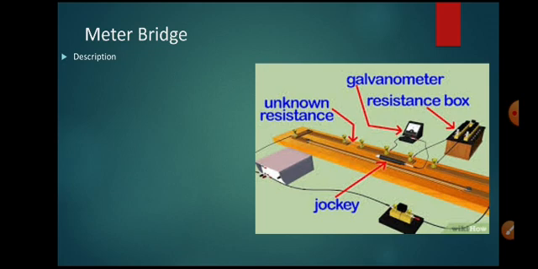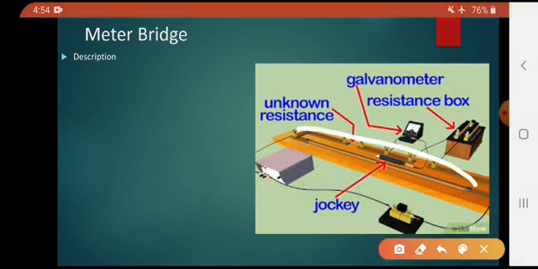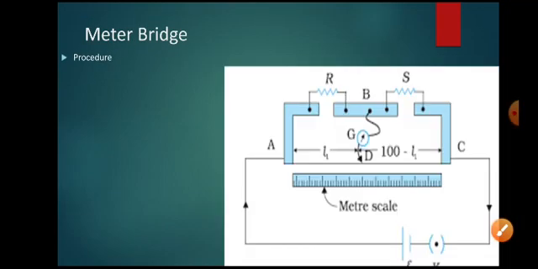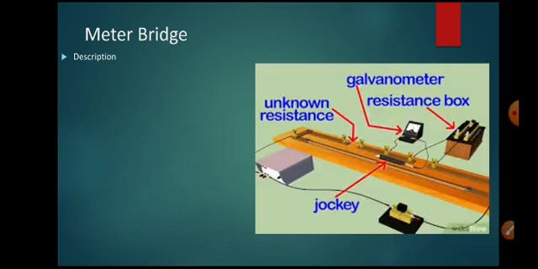The meter bridge consists of a uniform wire of 1 meter. So you can see here, the 1 meter wire. That's why it is called a meter bridge.